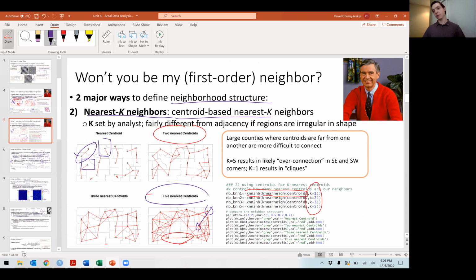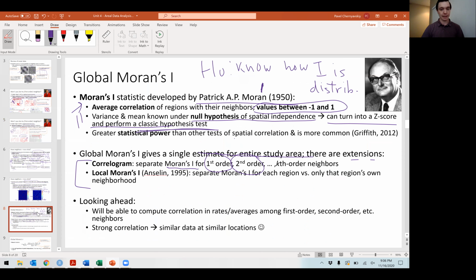They're the neighbors of our neighbors. So we can compute a correlogram that computes a separate Moran's I that, again, is just an average correlation between regions and their neighbors for a variety of orders. It's sort of trying to reproduce the same kind of thinking as in the geostatistical covariogram, trying to be like distance on the x-axis, correlation on the y-axis.